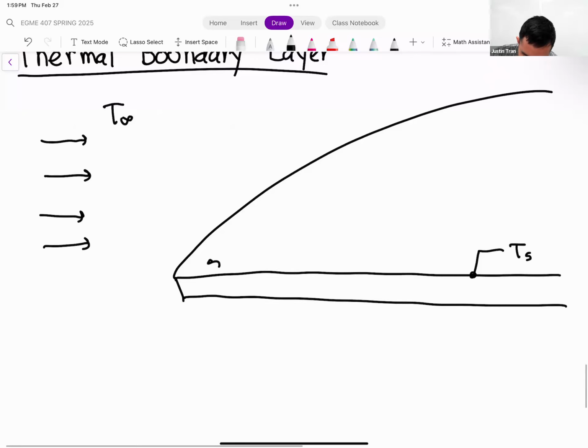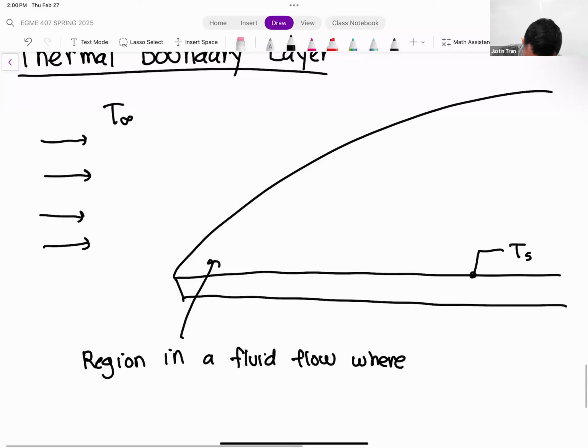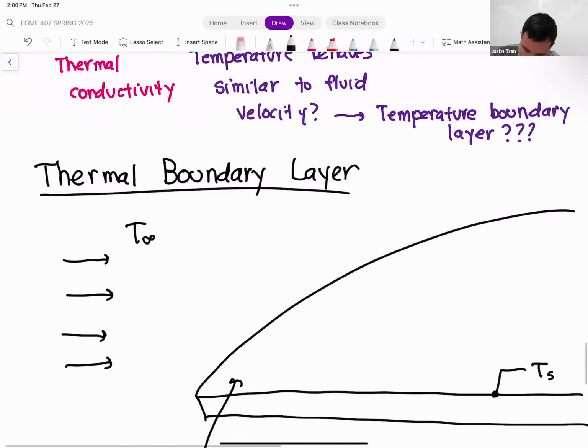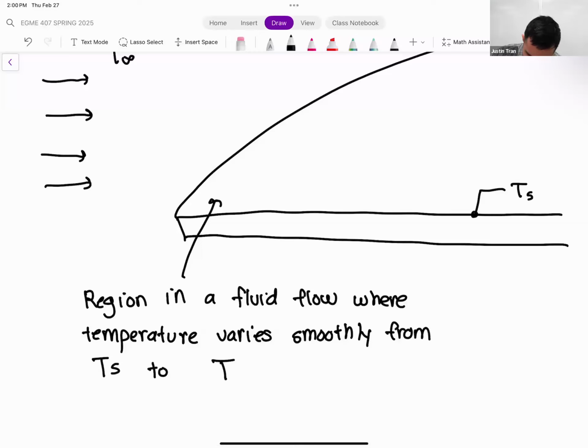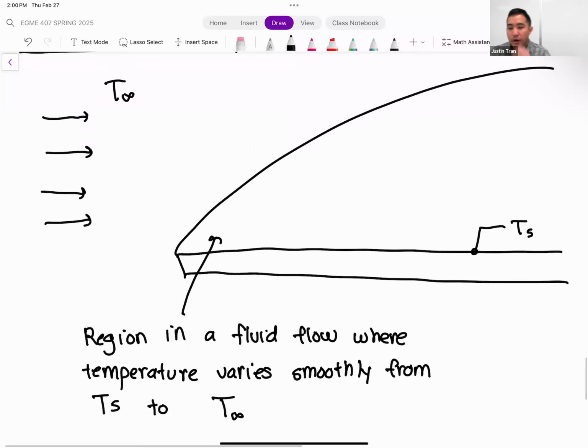So thermal boundary layer, this is the region in a fluid flow where the temperature varies smoothly from Ts to T infinity.